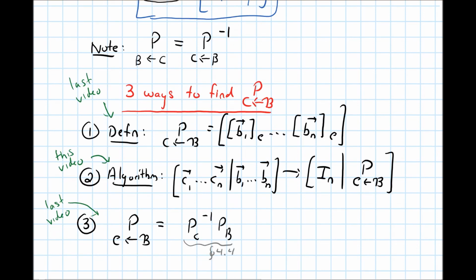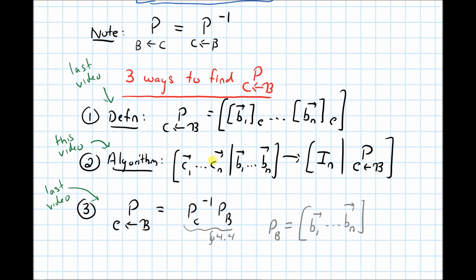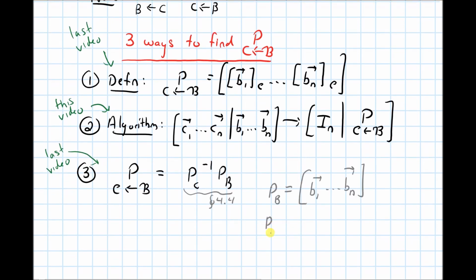Remember from section 4.4 that P_B, for example, is the matrix that you get when you take the basis vectors of B, so b_1 up until b_n, and you just write them as the columns. So in the same sort of way, P_C would be the matrix that has c_1 up until c_n as the columns.